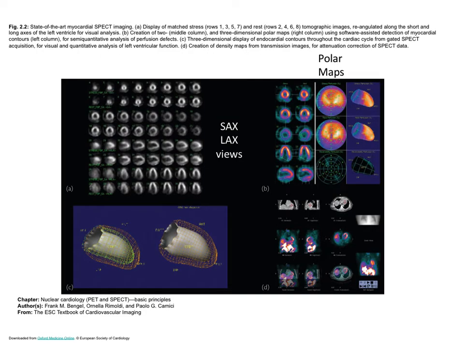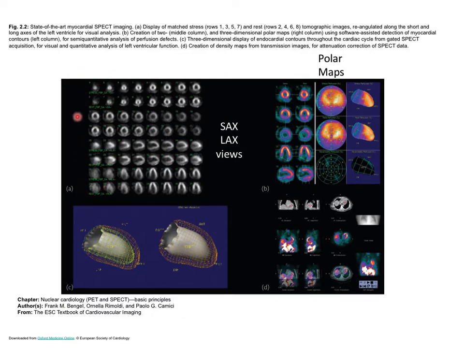This slide shows sort of all of the views collected by nuclear cardiology SPECT all in one slide. So let's look at the top left first. Look up here at this set of images.